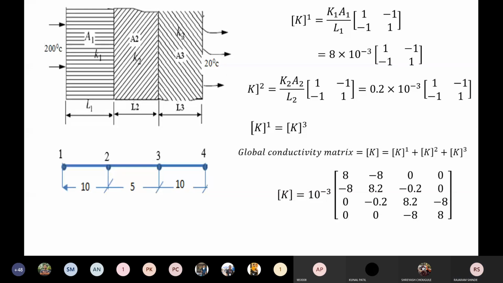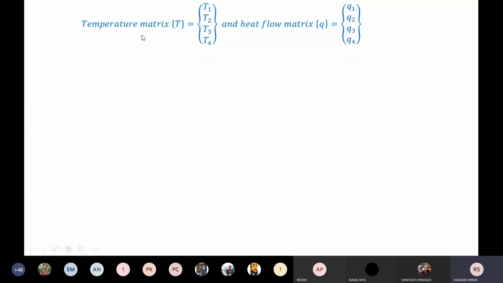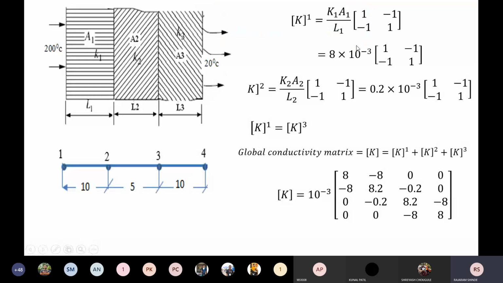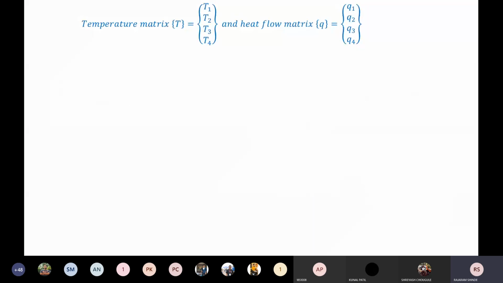And the heat flow matrix is Q1, Q2, Q3, Q4. Here T1 is at this node, T2 at this node, T3 at this node, T4 at this node. I have not yet applied the boundary conditions, I have just given the notations T1, T2, T3, T4 and Q1, Q2, Q3, Q4. So I get this as the temperature matrix and heat flow matrix.